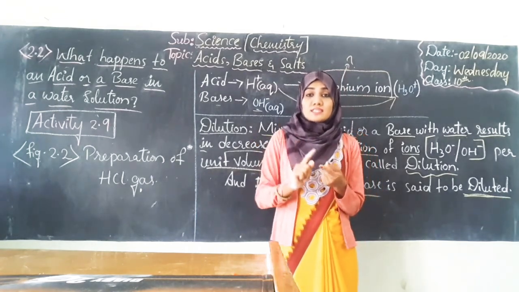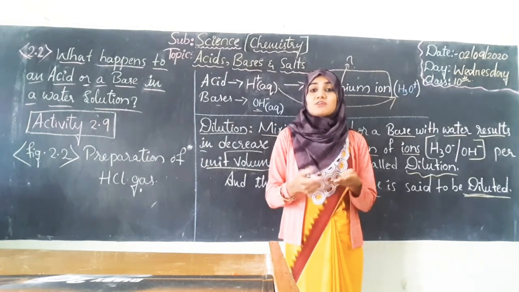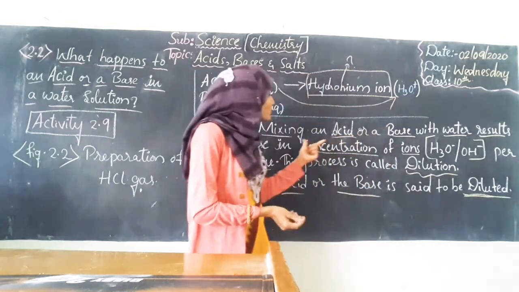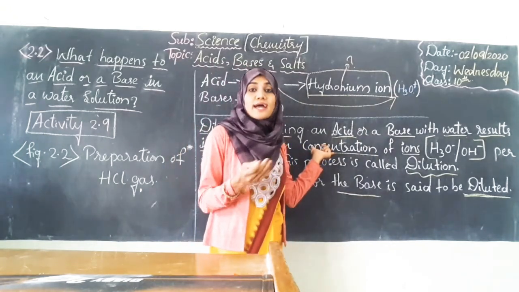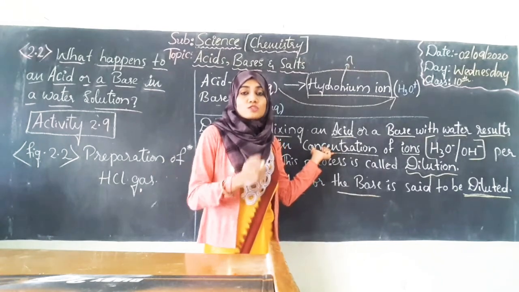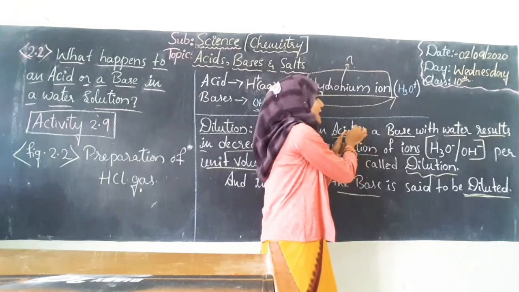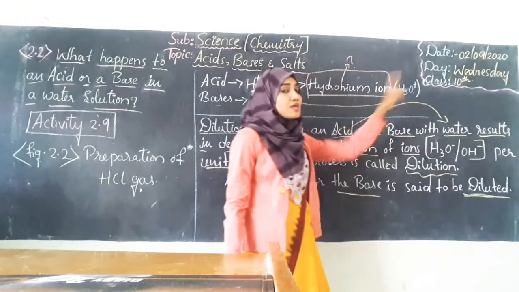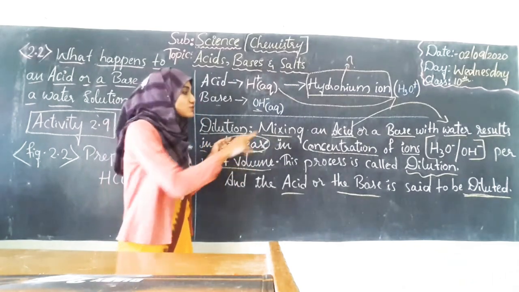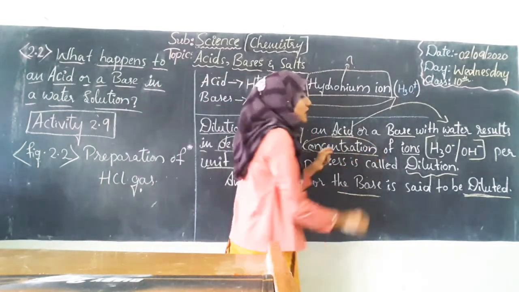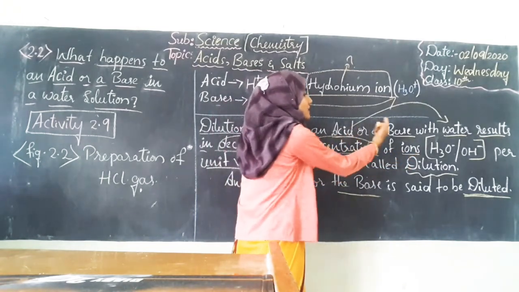So why is that? What happens when mixing the water with the acid? What did the water do there? The water reduces their concentration. Concentration is nothing but the power of the acid or power of the base. So if we mix the acid with water, it will result in a decrease, which means reduction, in the concentration of the ions, whether it is acid or base.